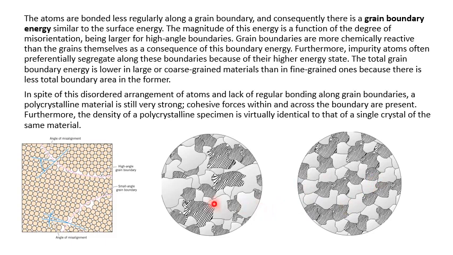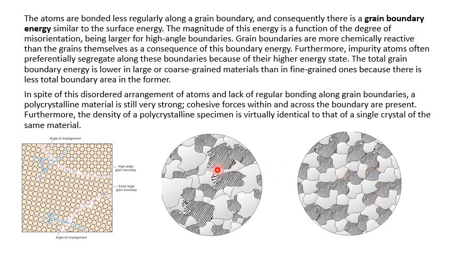This means that the total grain boundary energy for the material with large grains is lower than for a material with smaller grains.